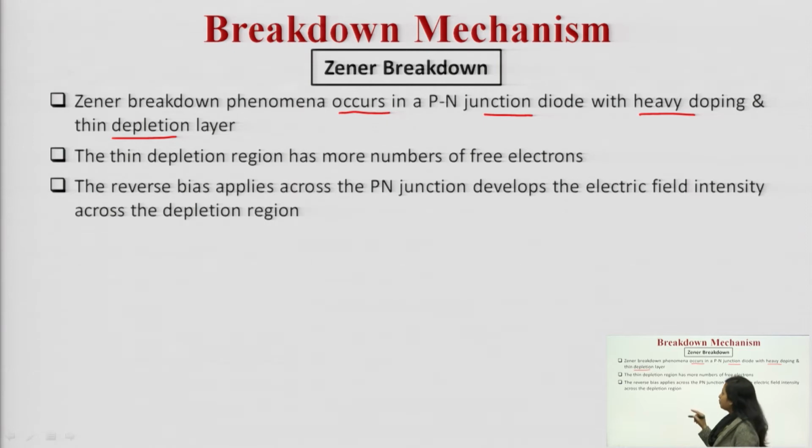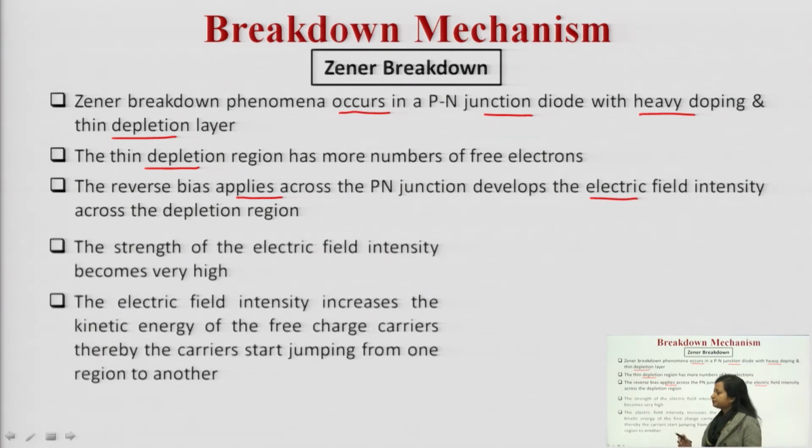In that case, Zener breakdown occurs. A thin depletion region means more free electrons. When you apply reverse bias, an electric field is established across the junction, and that electric field across the depletion layer has a vital role in this breakdown mechanism.